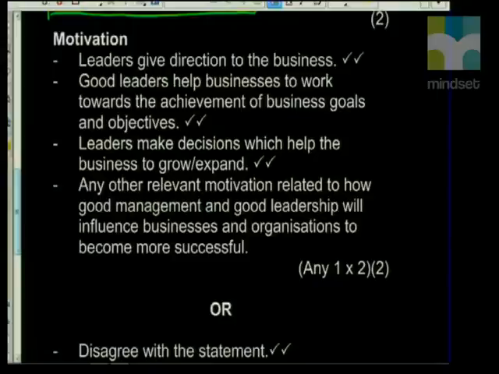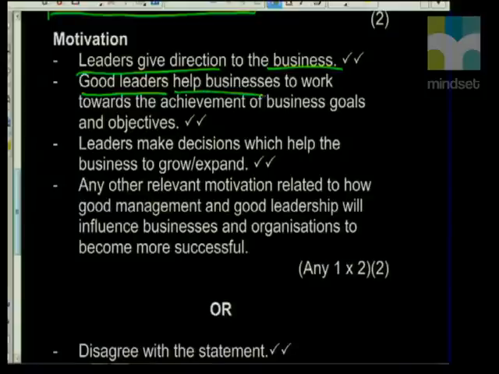The one they've got here, if you agree with the statement: leaders give direction to the business. For a successful business, you need good leaders to make the business thrive. Next, good leaders help businesses to work towards achievement of business goals and objectives.